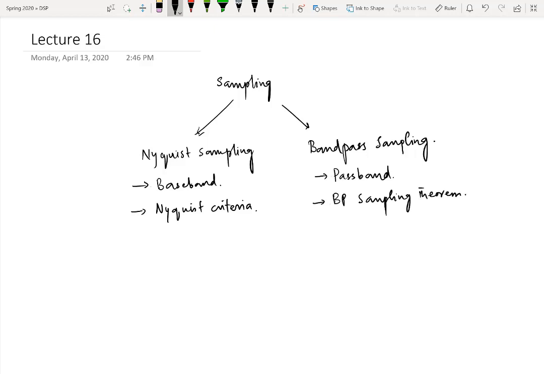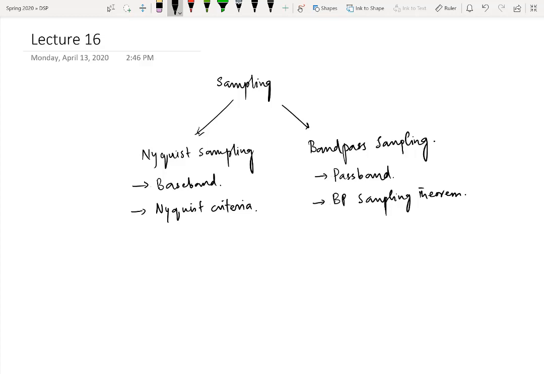The reason to move towards bandpass sampling is that whenever you are going to sample passband signals by using Nyquist criteria, it will require much higher sampling frequencies than you can afford. For example, if a passband signal is centered around 1 gigahertz and it has a bandwidth of, let's say, 5 megahertz, then you have to sample it at a sampling rate of more than 2 gigahertz.